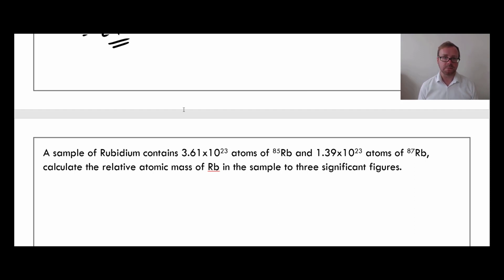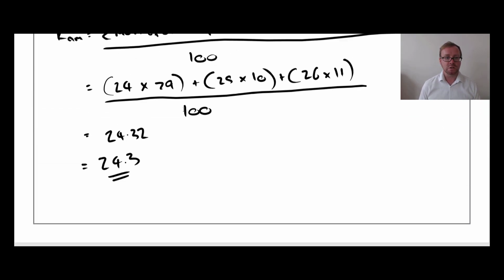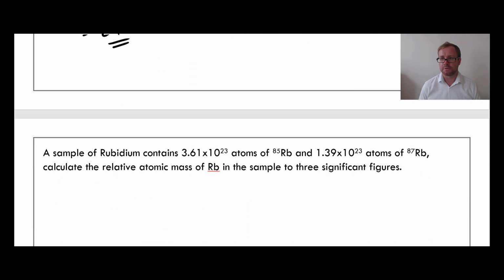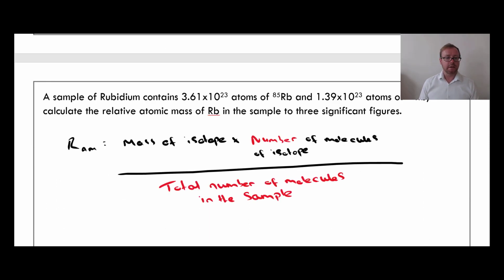Okay, so before you start, we don't have percentages here. We don't have percentages. So what do you think we're going to divide by? Have a think, have a go at the calculation, and we'll see what you get. So in this example, we don't have percentage abundances.